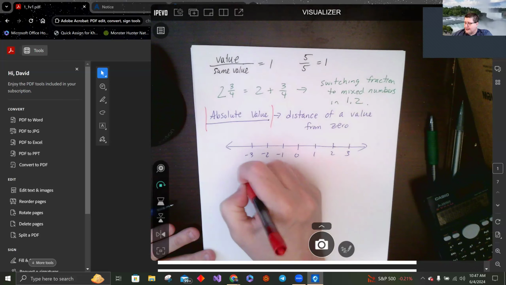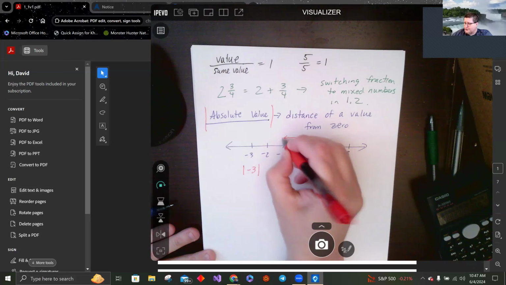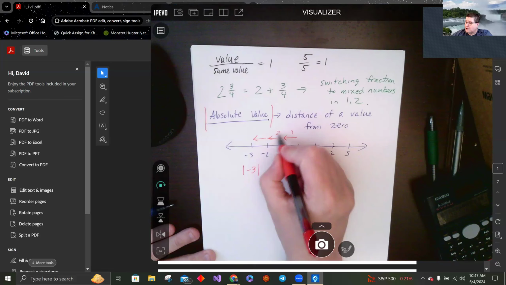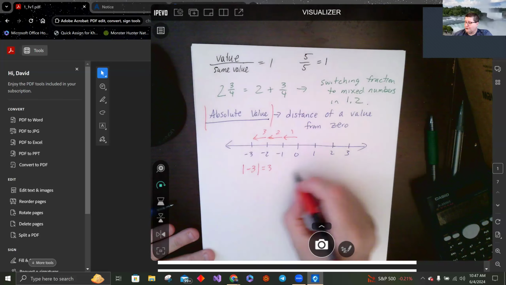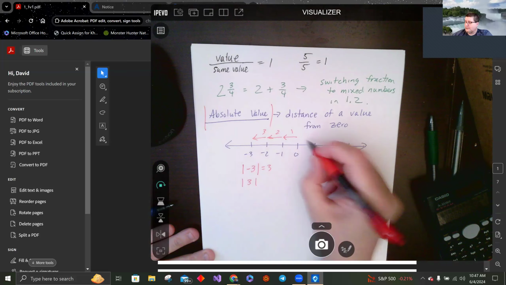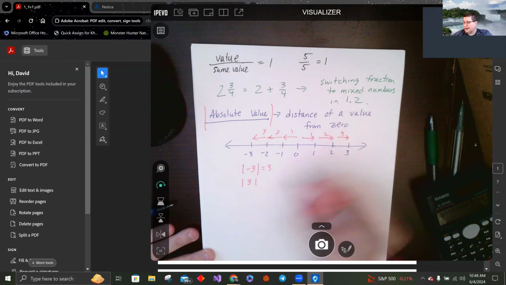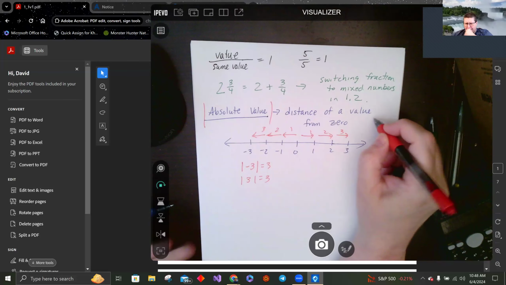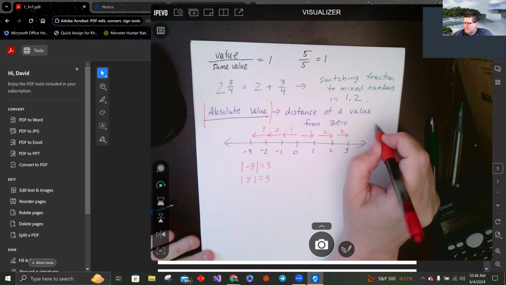So the absolute value of -3 is 1, 2, 3 away from 0. So it equals 3. The absolute value of +3 is also 3. Now, this is going to be handy to remember later on. The distance thing is going to be pretty important later on to remember.